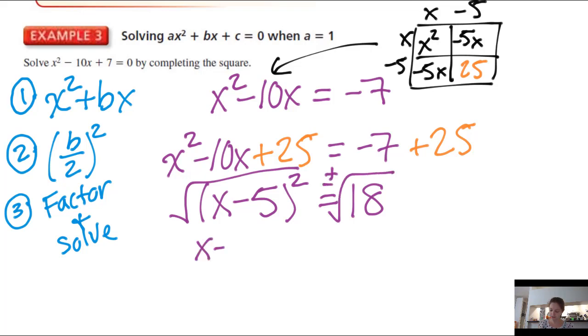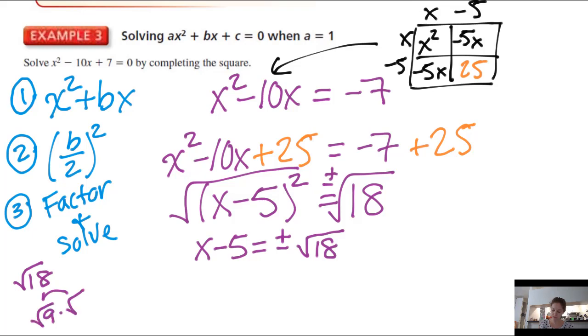We have x minus 5 equals plus or minus the square root of 18. The square root of 18 can be rewritten as the square root of 9 times the square root of 2, which is 3 square root of 2. And if I add 5 to both sides, I'll get that x equals 5 plus or minus 3 radical 2.